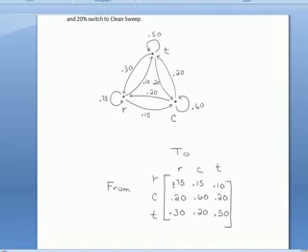So if you look at row R, and you go to the 0.75 right here, that's the element in row R, column R. It tells you 75% of the people that buy Rough Stuff are going to buy Rough Stuff again. Row R, column C, right here, tells you that 15% of the people that buy Rough Stuff are going to buy Clean Sweep next week.